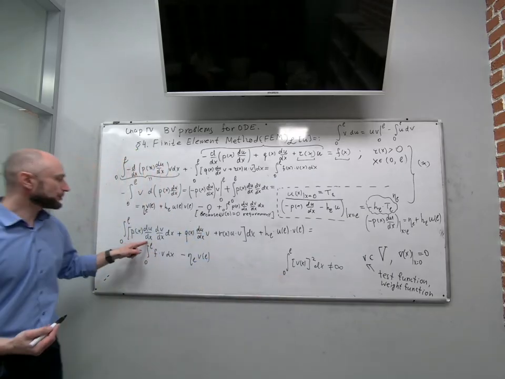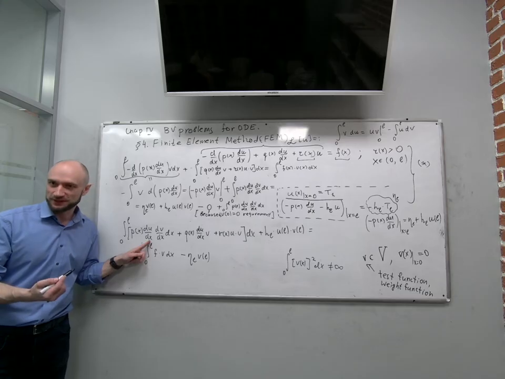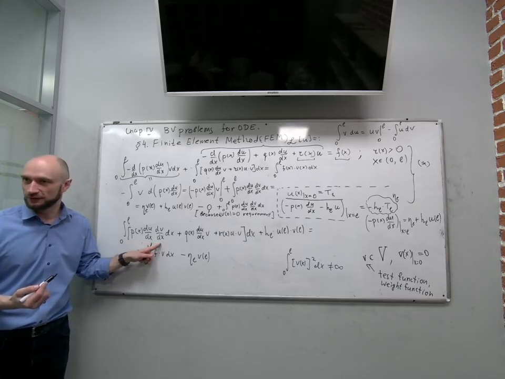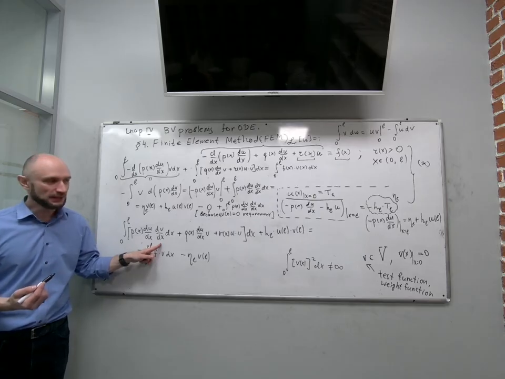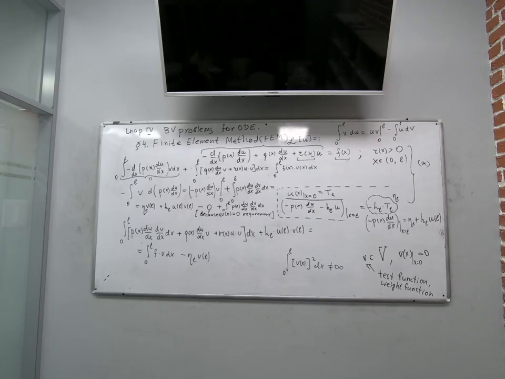We also have here the integral of the product of the derivatives of function u and function v, right? That means that these functions must have the derivative in some sense. I'm saying in some sense because I don't want to go deep into mathematics.